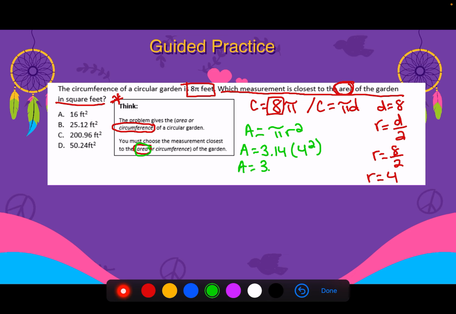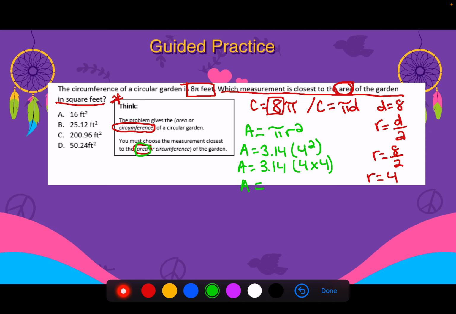So A equals 3.14. Remember, we said squared means that number 2 times, not that number times 2. So that number 2 times, so we're writing 4 2 times. Okay? So 4 times 4. So you're going to finish solving that out, and you should get your answer for that problem. Okay?